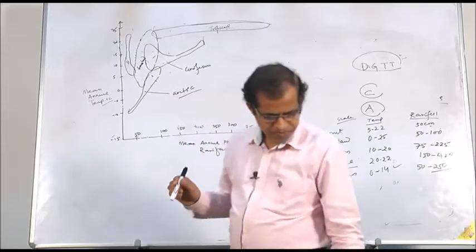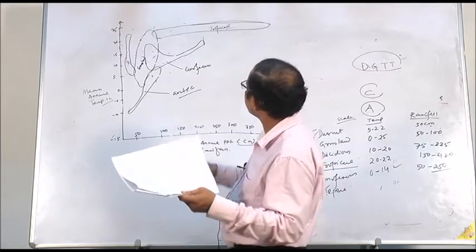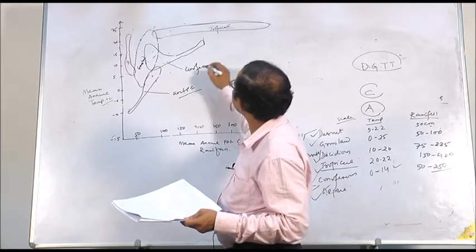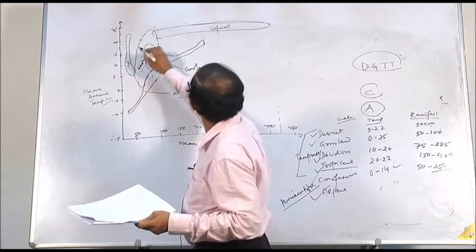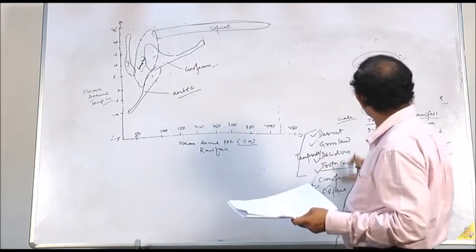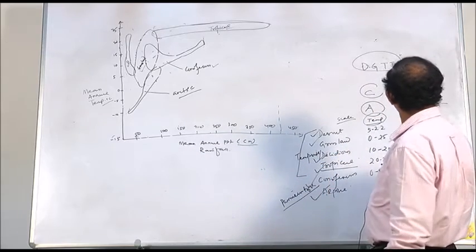Ready? If you see a little bit of change, you will find the Arctic, the coniferous, the grassland, the desert, the tropical. If you look at this scale, that is how we represent temperature and rainfall.